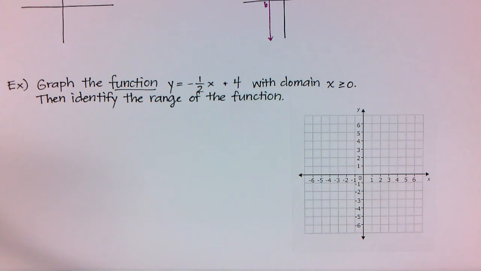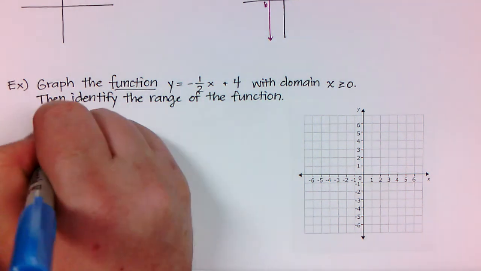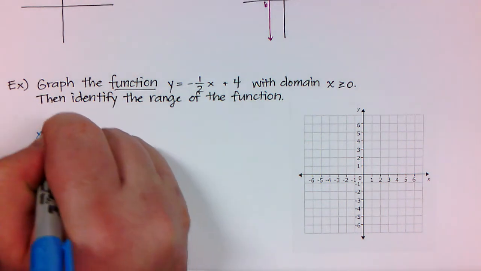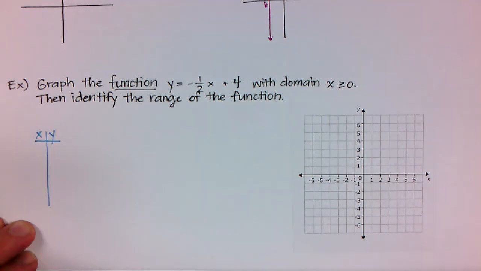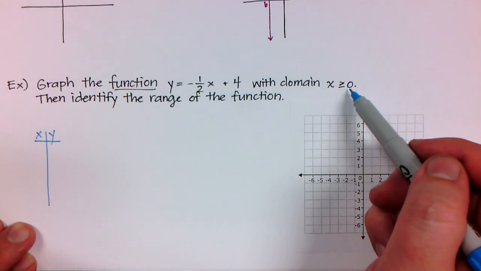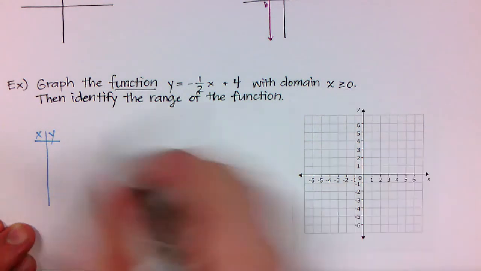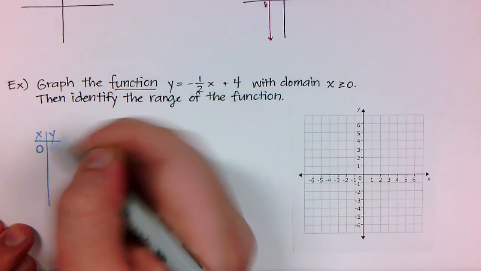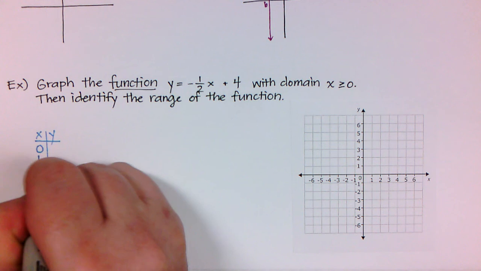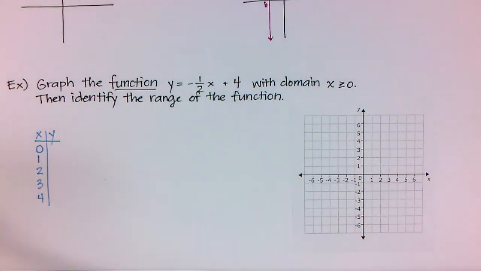So let's do like we've done before. Looks like the equation is already written, so it says y is equal to everything else. So I want to pick my x values, but I can only pick the numbers where x is greater than or equal to 0. So let's just start with 0, and I'm just going to pick some small ones, 1, 2, 3, and maybe 4.